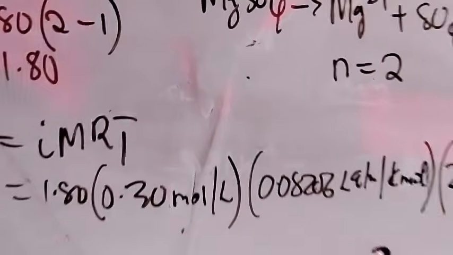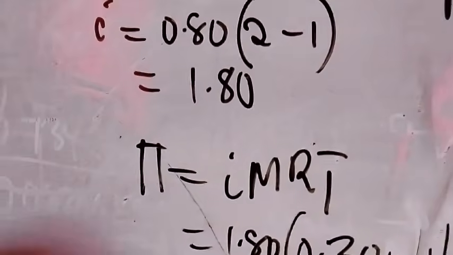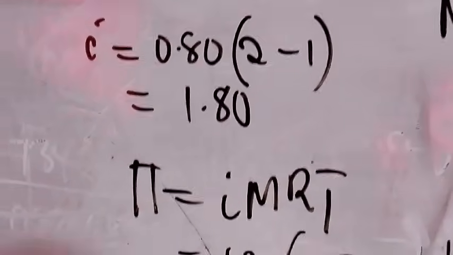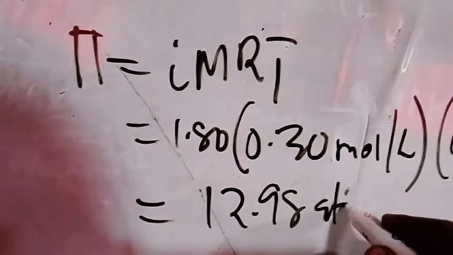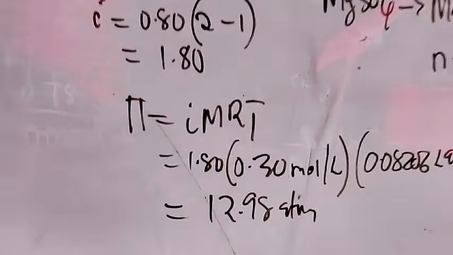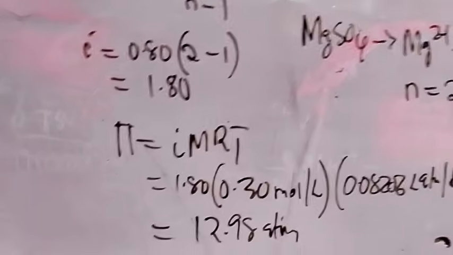Now you multiply these numbers and you get 12.98 atm.